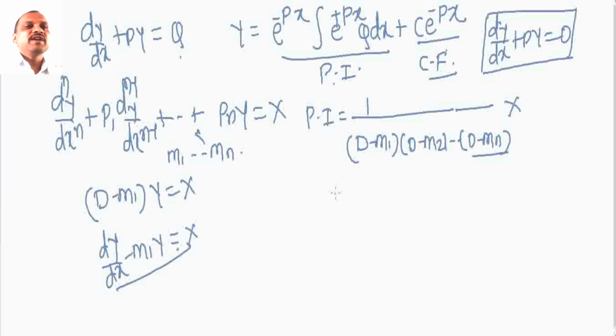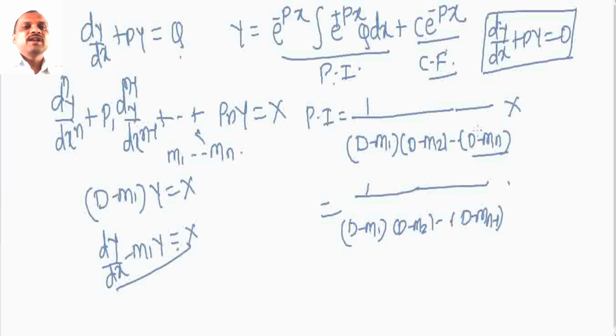So the particular integral is the same as 1 divided by (D minus m1) into (D minus m2) ... (D minus mn minus 1) into, let us operate this 1 divided by (D minus m1) on x, and this gives me a particular integral.